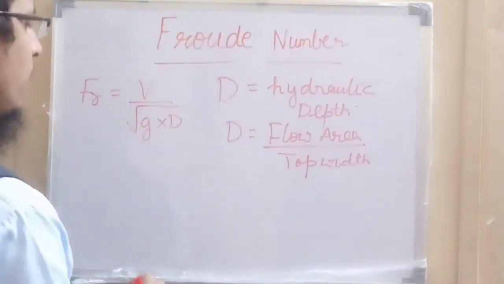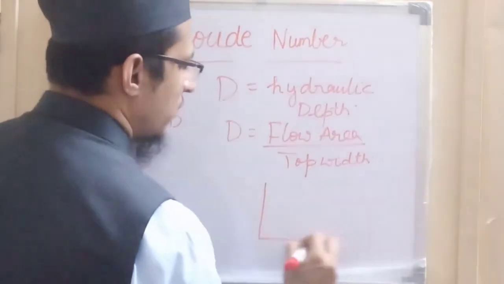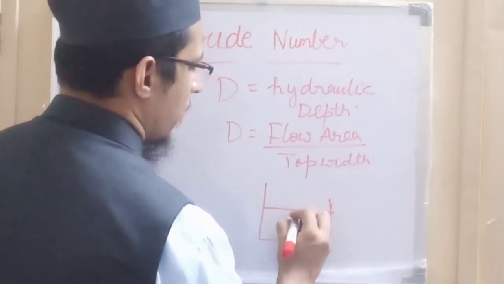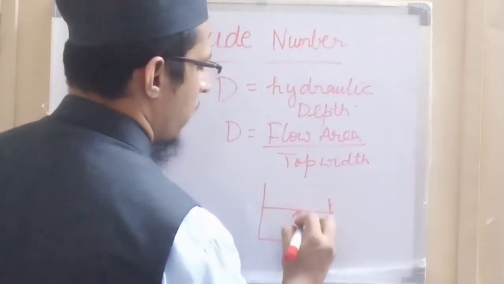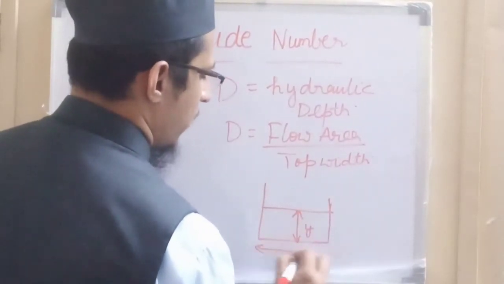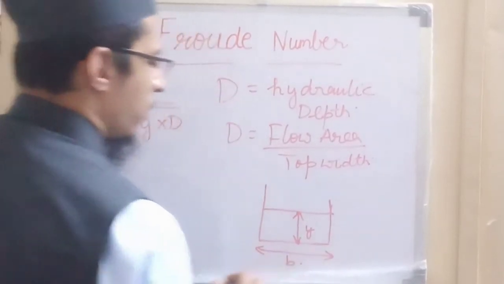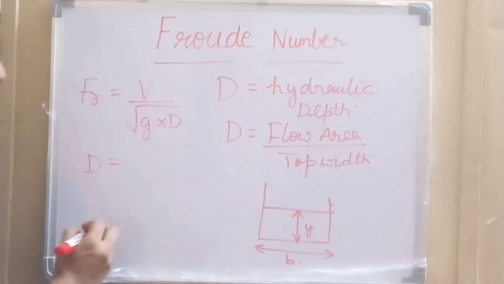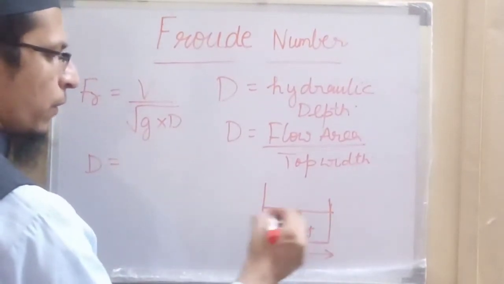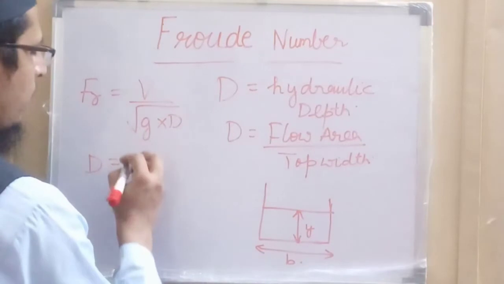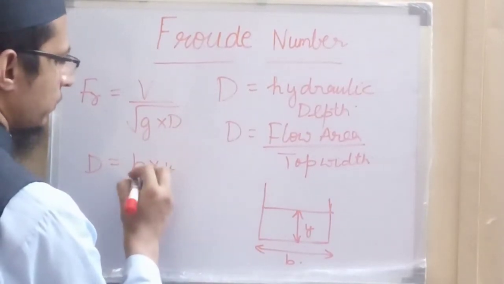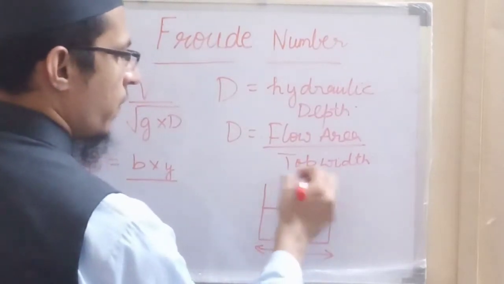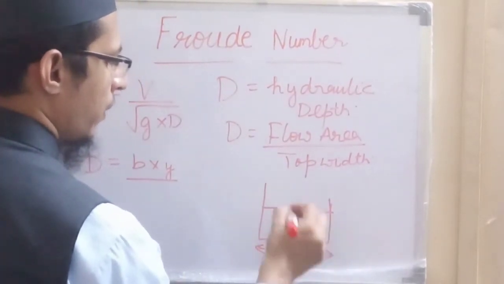For example, if we have a rectangular channel in which the flow depth is y and its width is b, so we can determine hydraulic depth as flow area, this will be the flow area, b into y, and the top width will be equal to this only, b.